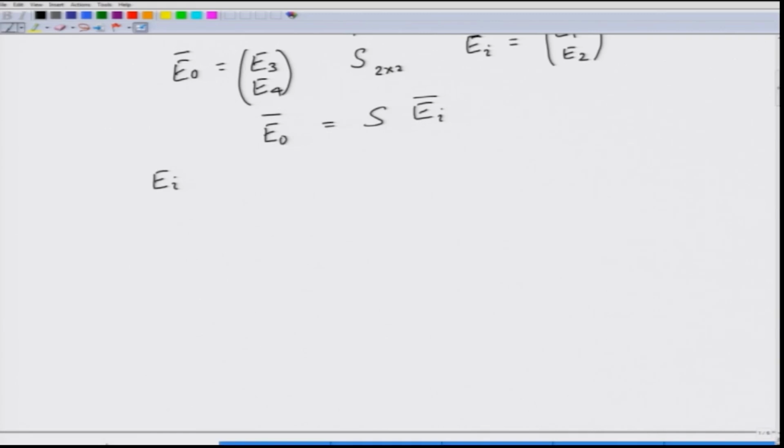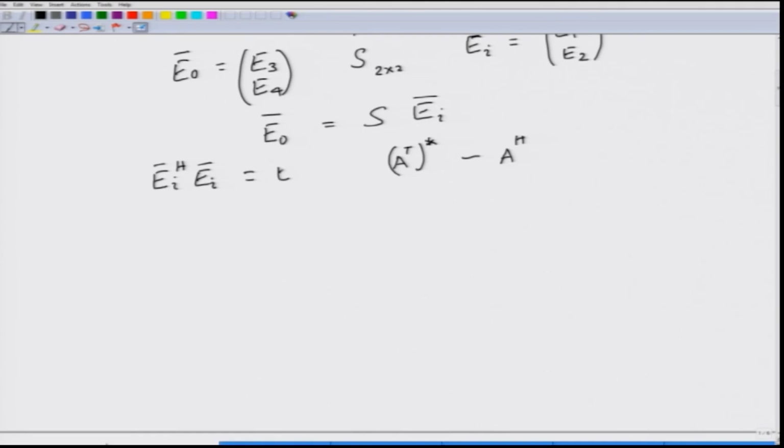Since we are assuming E1 and E2 are independent of each other, the total input energy is given by taking the EI vector, multiplying it with the EI Hermitian. This Hermitian is simply a designation for a matrix A: you transpose the matrix and then take the complex conjugate of the elements. So, this is shorthand notation for Hermitian in my notation. This would be the total input energy.